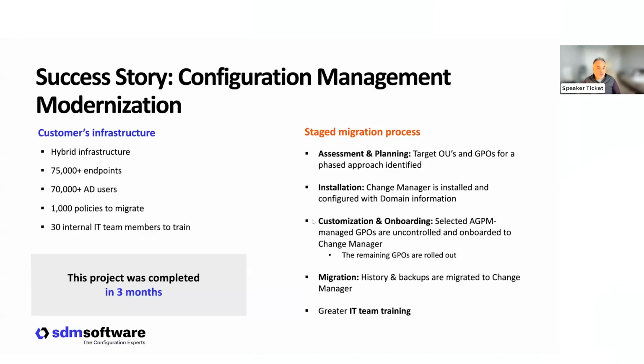And with Change Manager, we have a built-in utility that allows you to also migrate the history and the backups from AGPM over to Change Manager. And then finally, the greater IT team training. So this is a common scenario that many organizations, whether they're very large or small, find themselves in.